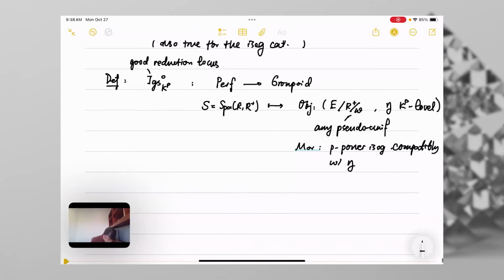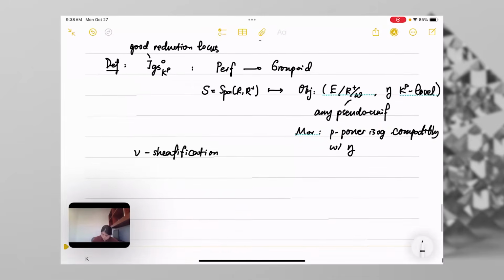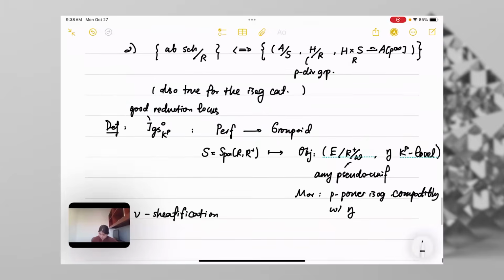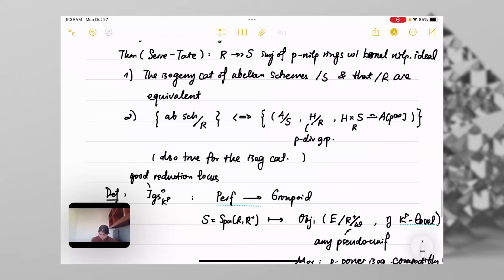This construction gives you a pre-stack, and then you do a sheafification for the v topology. This is well defined, at least not depending on the choice of the pseudo-uniformizer, by Serre-Tate.